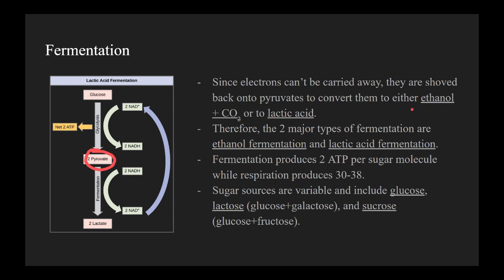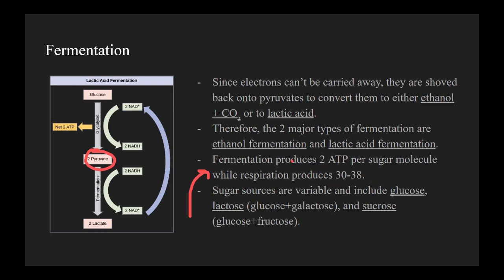So we have two types of fermentation here. In the absence of oxygen, the organism will either produce ethanol or produce lactic acid. And fermentation produces approximately 2 ATP, whereas normal respiration with oxygen produces 30 to 38.